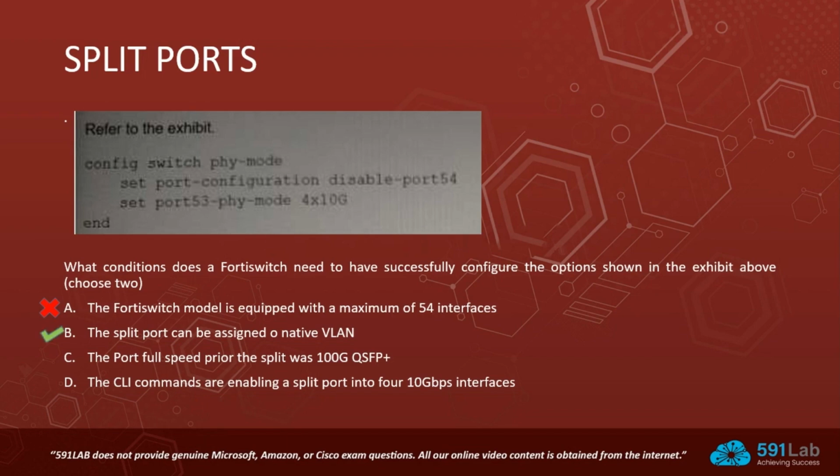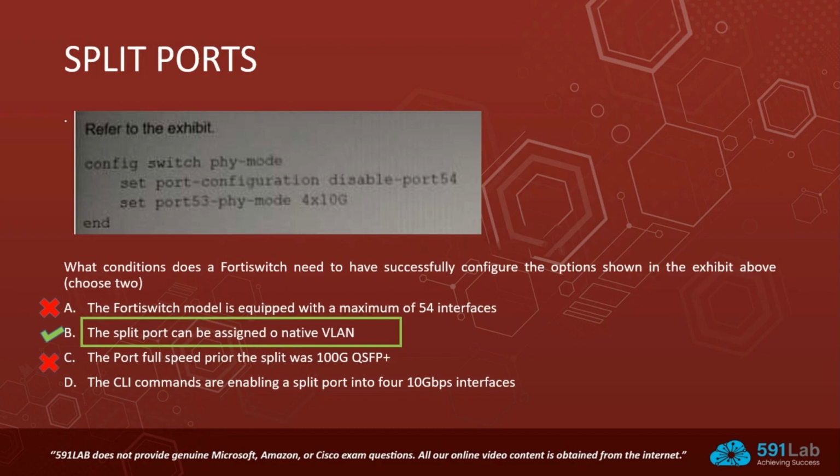This answer is correct. After splitting, the port can be assigned to a native VLAN. Answer C. The port full speed prior to the split was 100 gig QSFP plus. No, this answer is incorrect.